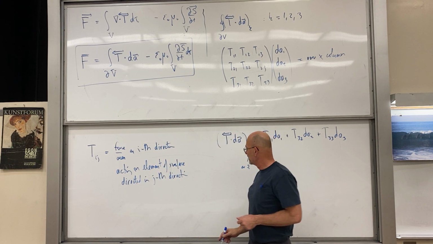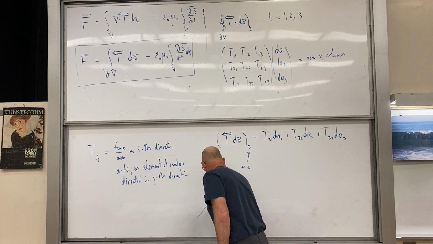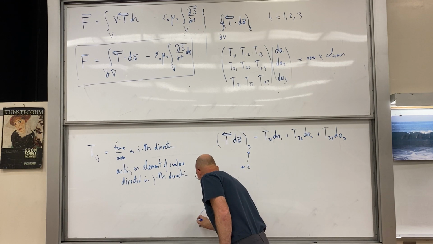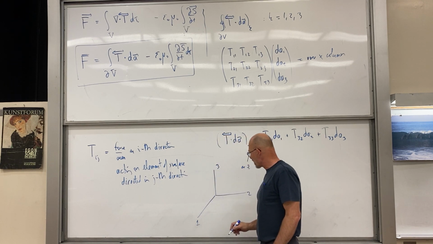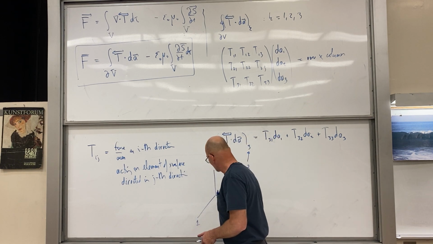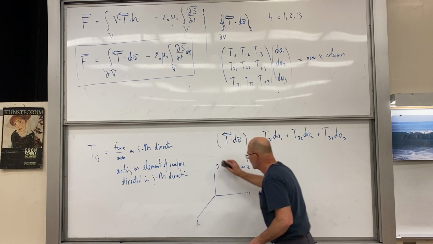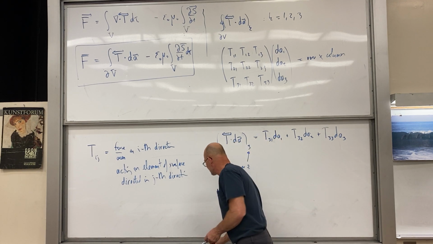the jth direction. And the way to see this is to do a 1, 2, 3 or x, y, z axis here, and I have to draw a cube. Maybe it's better to draw the cube first. But this is how you'll see this.